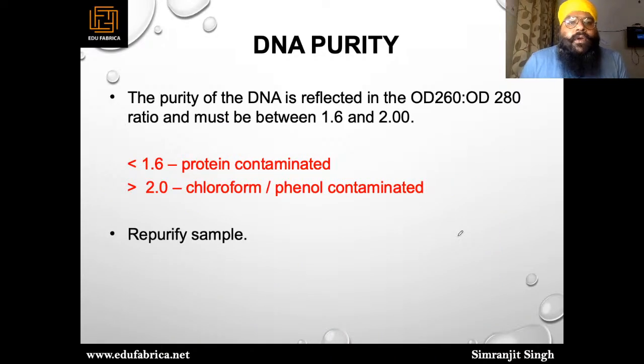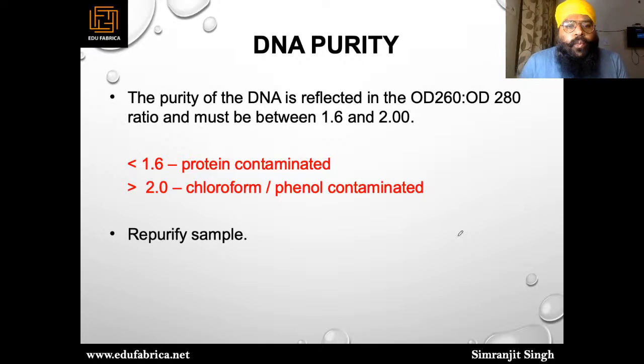For DNA purity, the purity is reflected in the ratio of optical density at 260 to 280. The ratio must be between 1.6 and 2.0 if your DNA is pure. If it is less than 1.6, protein contamination is there.